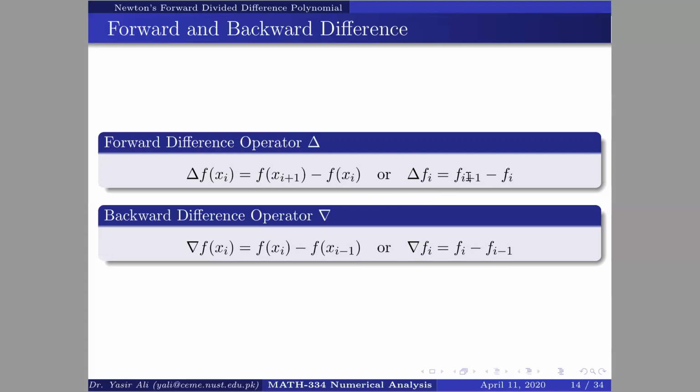So it is a difference between the forward value. That's why we call it a forward difference. In case of backward difference, the formula is given here. It is the difference between f of xi and the previous value f of xi minus 1. So these are the two operators. One is called delta, the other is called nabla.